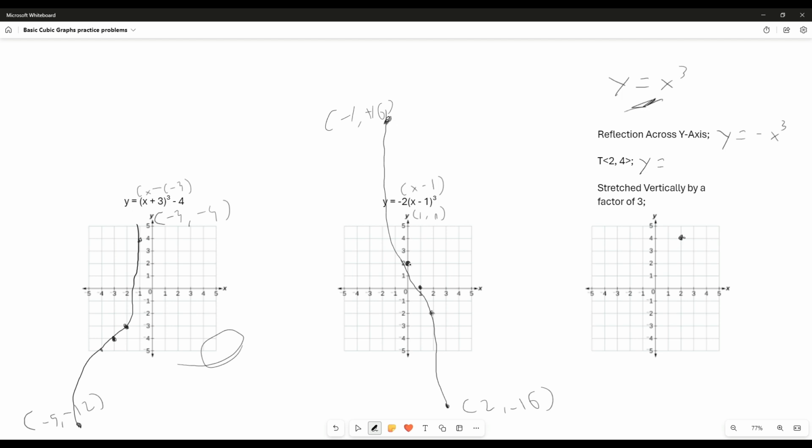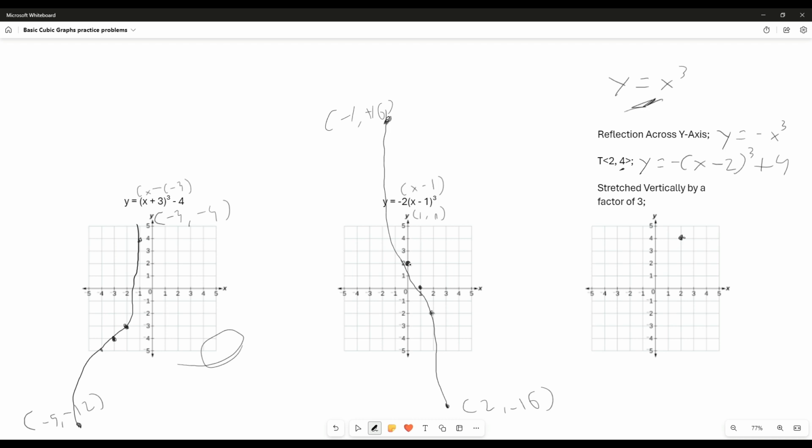So we have y equals negative, and then we're going to put the parentheses now because this is going to change where our point of inflection is, our vertex, if you will. So if it's at (2, 4), we got to remember that the equation is y equals a(x - h) cubed + k. So this is going to be (x - 2) cubed, and then 4 will be the y value of the vertex, which is k, so plus 4. So this is our equation so far.